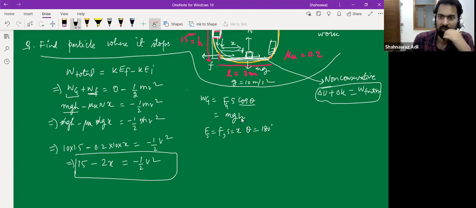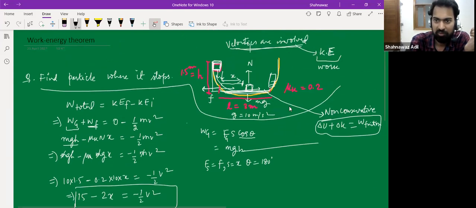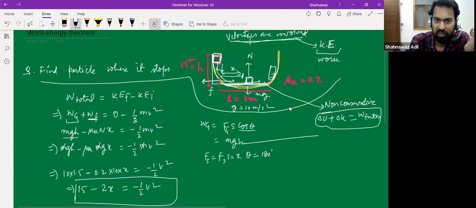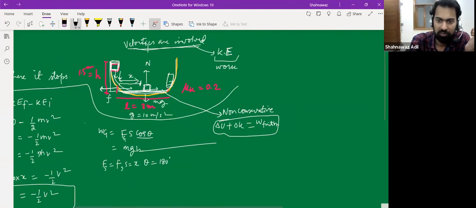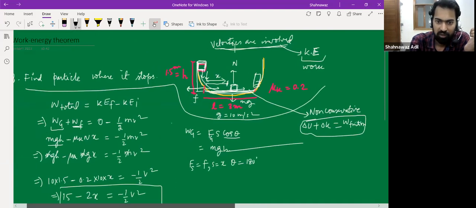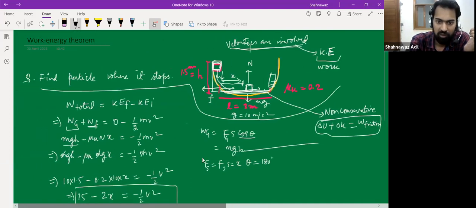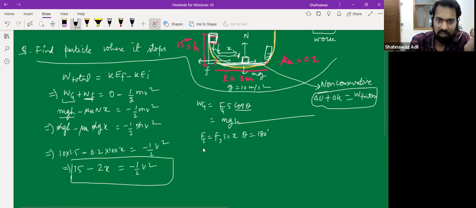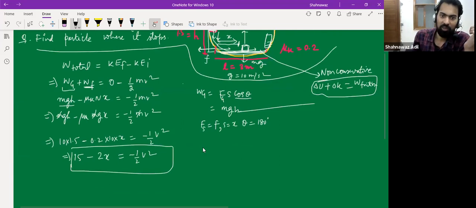There is no information about the velocity, so this will come in the form of velocity.